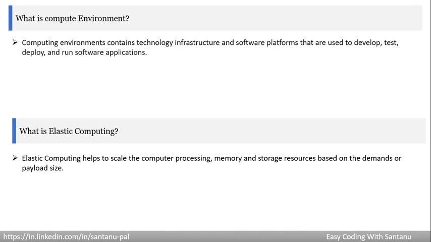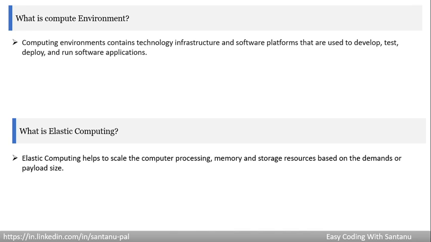Now, what is elastic computing? Elastic computing helps you to scale the computing processing, memory and storage resources based on the demand or payload size. That means if the demand is huge, elastic computing helps to increase your computer processing, memory or the respective resources.